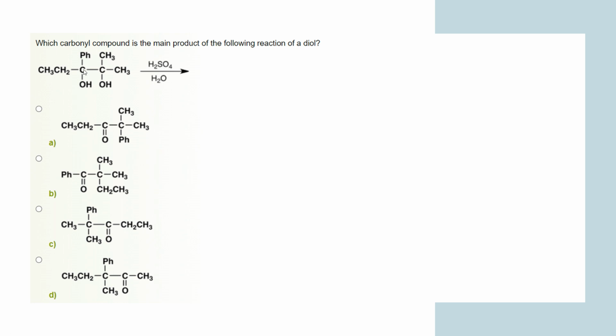So in the first step you have to protonate this hydroxyl group, which will be knocked out as a neutral water molecule, and you will get a carbocation at this carbon center which is linked to phenyl and ethyl. This carbon will form the carbocation in the second step.